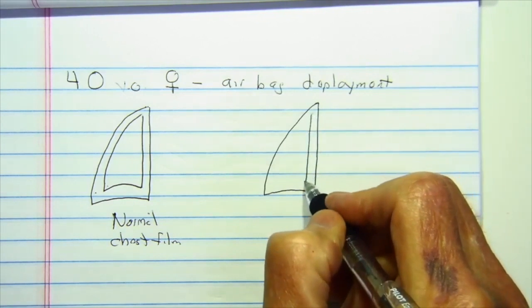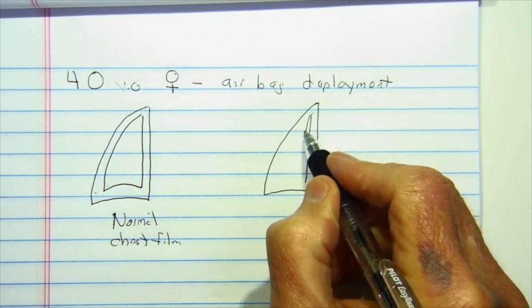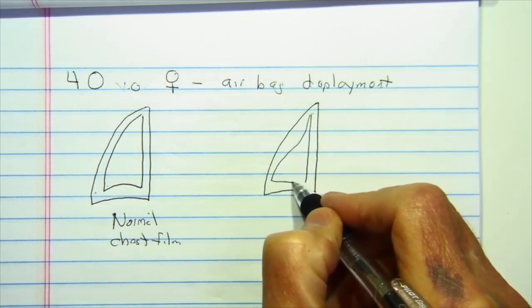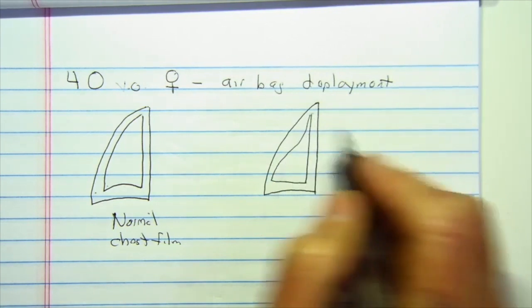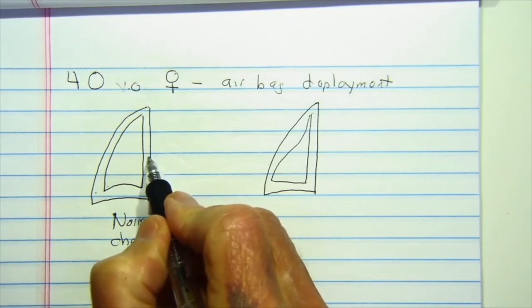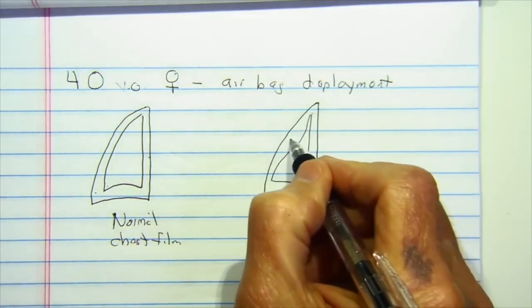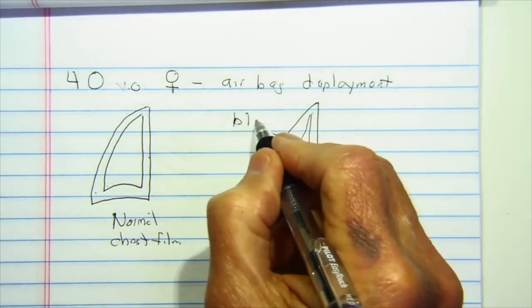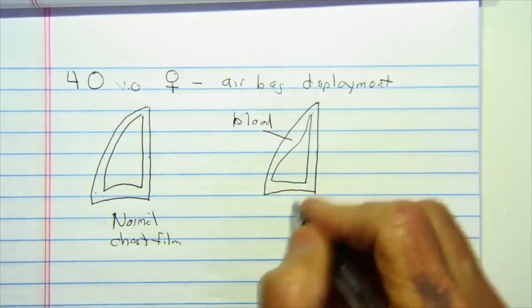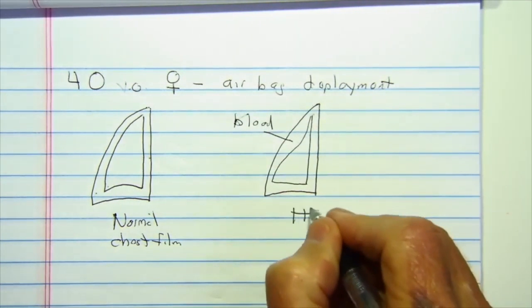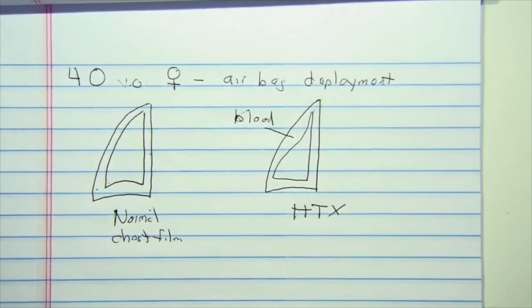It probably won't look as intense, we'll have something that looks kind of like this. So if you notice my intrapleural space here, instead of being filled with atmospheric air as in the pneumothorax, it is going to be filled with blood. And that blood is going to lead to an HTX or a hemothorax.